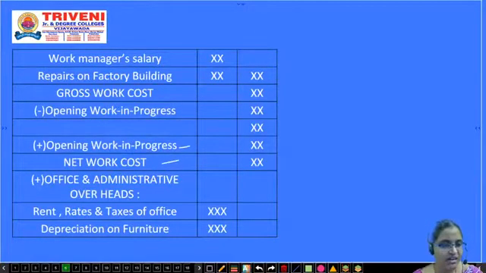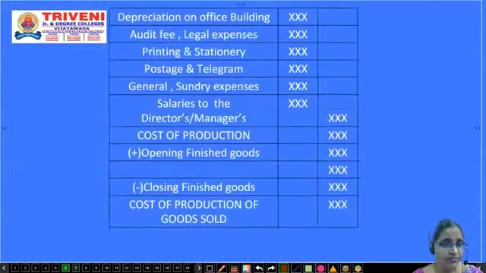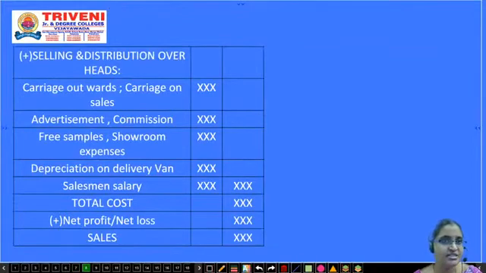Next, add office and administration overheads. All office related expenses must be taken. Now you get the cost of production. Add opening finished goods minus closing finished goods, you get the cost of production of goods sold. Next, add selling and distribution overheads, and you get the total cost.